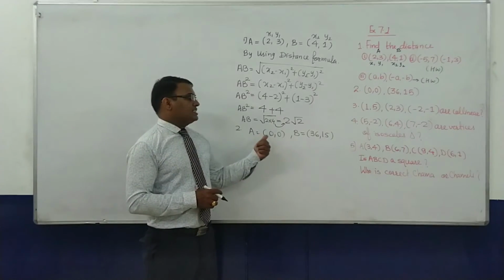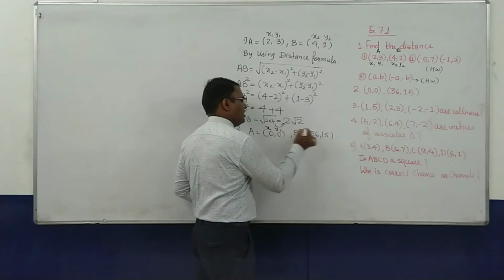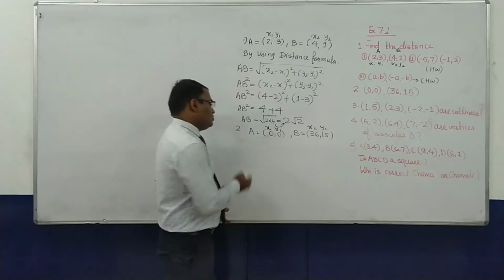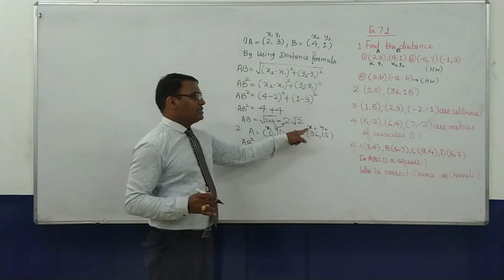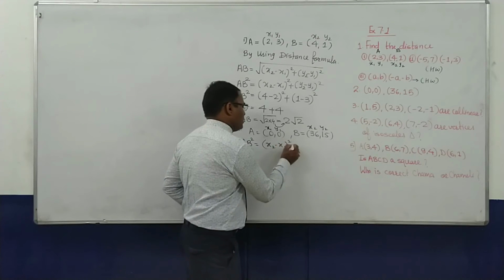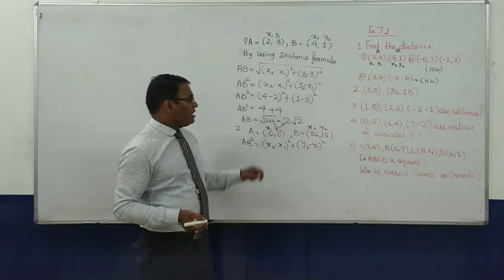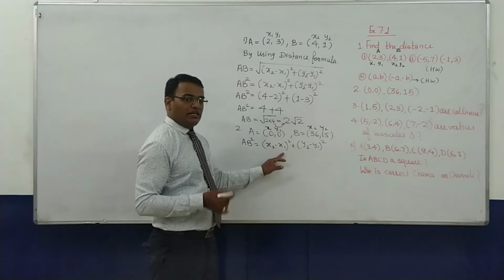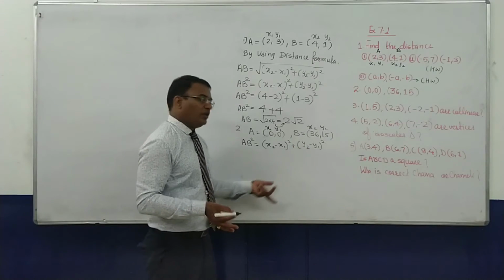Sum number second, it is the origin point. So here x1, y1, and here x2, y2. By using the distance formula, what is your AB square? It is x2 minus x1 square plus y2 minus y1 square. But here x1 is 0, so 36 minus 0 is 36, and y1 is also 0, so y2 minus 0 is y2.